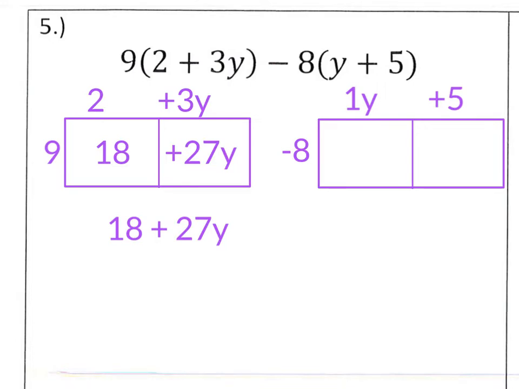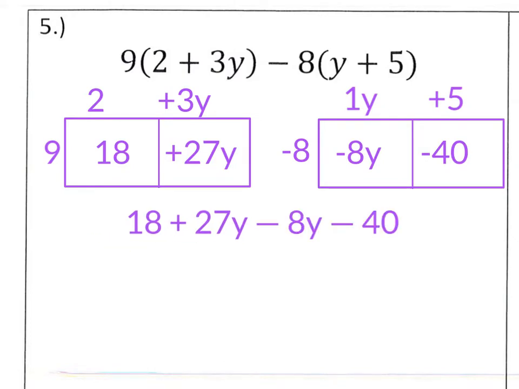Okay, so now I can go ahead and multiply. So the side here is -8, the top is 1y. So -8 times 1y is -8y. And then for the side, -8 times 5 is -40. So now I have the two areas, I need to add them together. So my answer here is -8y minus 40.